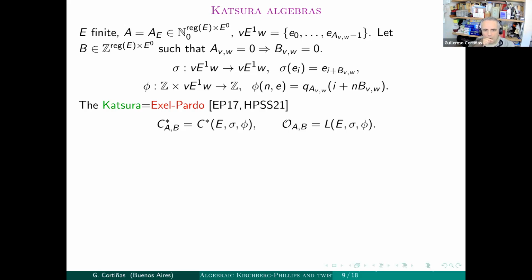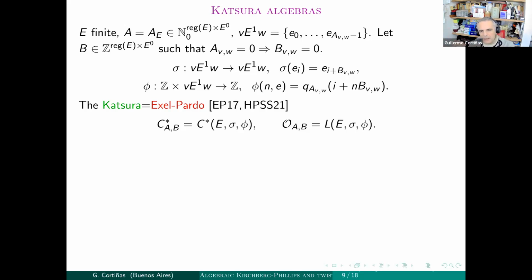Okay, so what Exel and Pardo do is, given an action of a group on a graph by graph automorphisms and a cocycle with respect to that action with values in the group, they build a self-similar action of the group on the set of paths, and out of that they construct a C*-algebra by generators and relations.